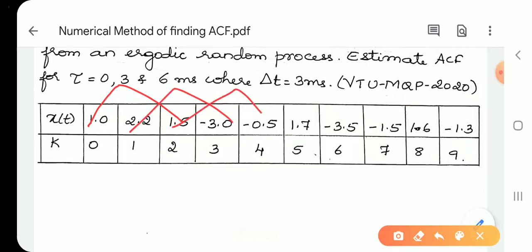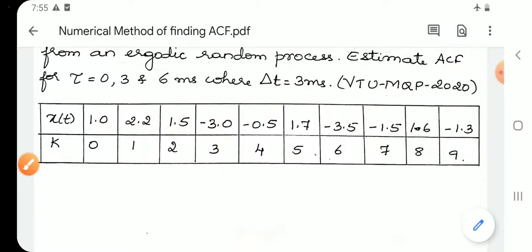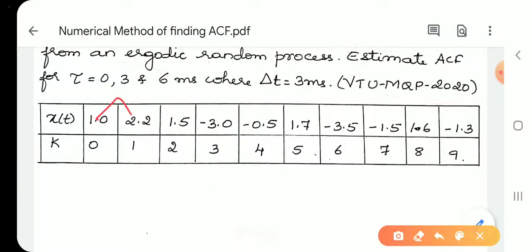That is 1 into 1.5 plus 2.2 into minus 3.0, then plus 1.5 into minus 0.5, like that we will take alternate ones. That means in between these two the difference is 3 minutes. Again in between these two, 3 minutes.